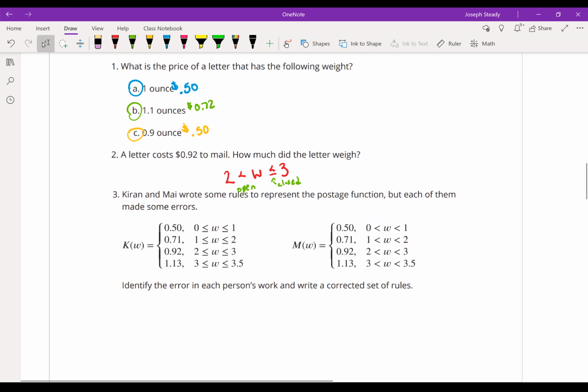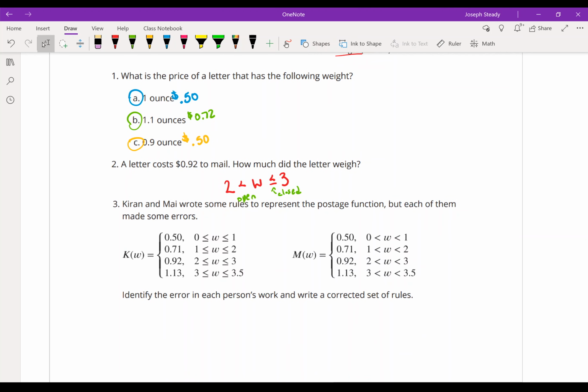Now let's look at what Kieran and Mai have done, which is they have written some rules that they think represent this function. But both of them have made some mistakes here. Now, when you look at this, they've got all the prices over here. Oh, I guess I was off. It was 71 cents, not 72. And they all have the same number of ounces over on the right-hand side.